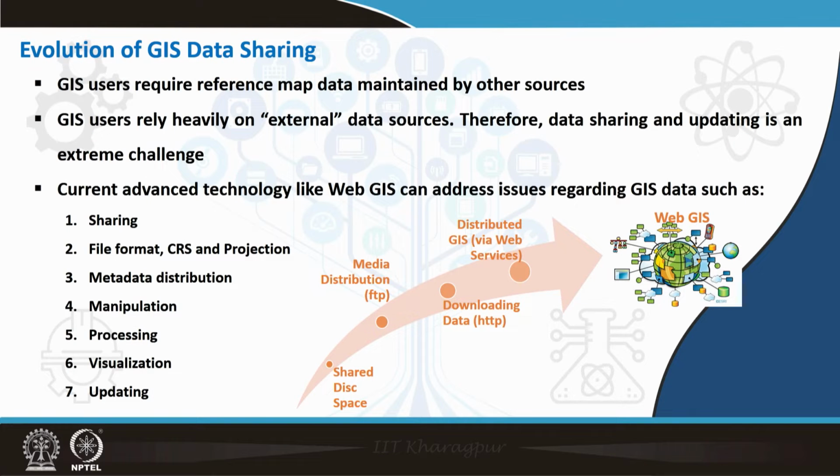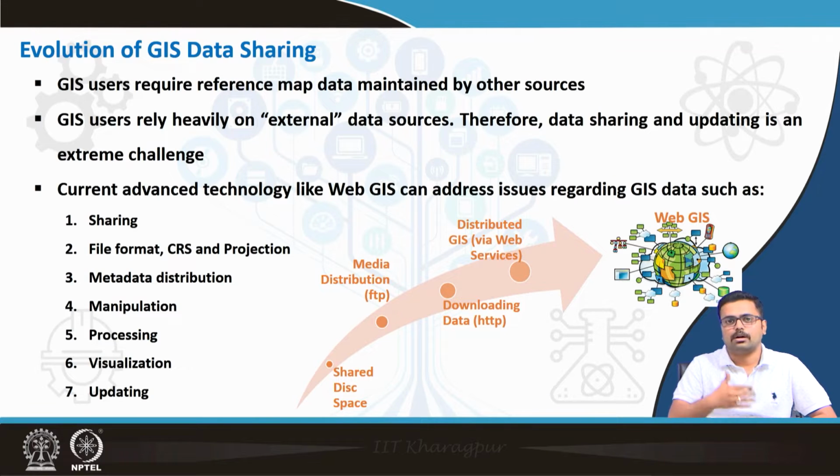Coming to the evolution of GIS data sharing, as we all know that GIS data sharing in the initial days was done through shared disk spaces, and then eventually we had media distribution in the form of FTP, that is nothing but file transfer protocol, and then we had downloading data from HTTP, that is nothing but hypertext transfer protocol, and finally we had something called as distributed GIS via the web services.